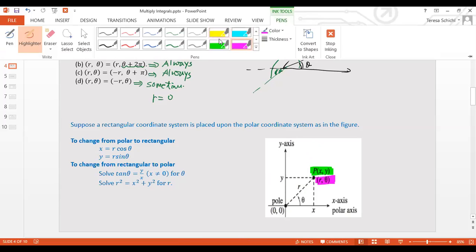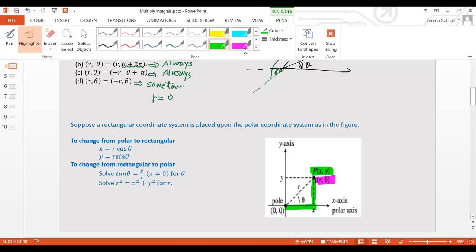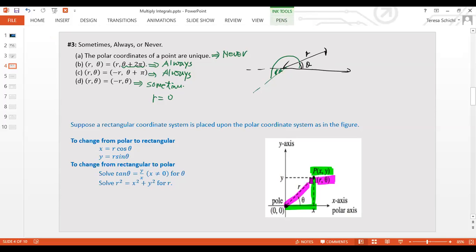That's why I'm color coding here. This is the x and this is the y. The green relates to the greens, and then the r and theta are this angle here.